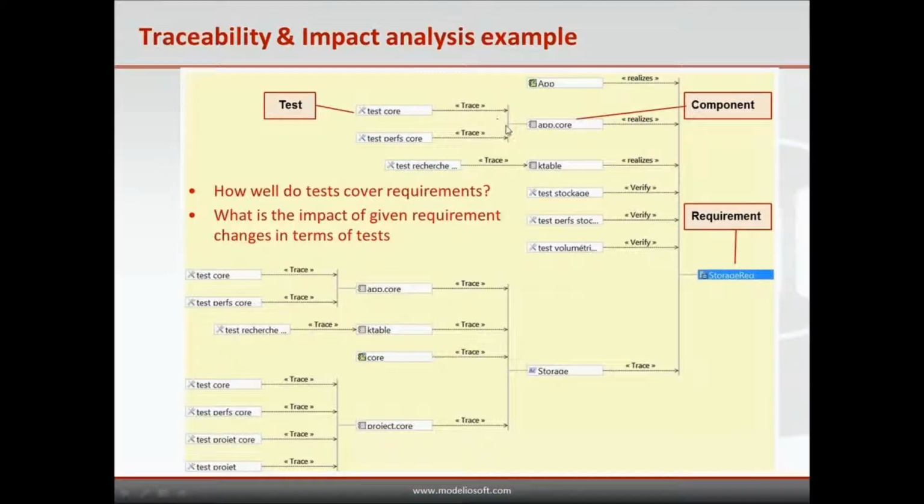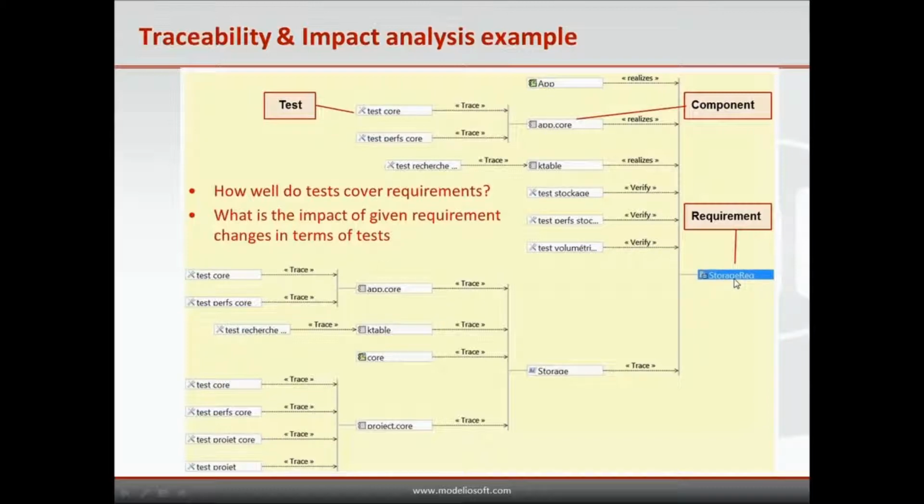So you have all kinds of dependencies. For example, here we have a component that realizes the requirement, and we have here tests that trace to the component. So here you can check all the tests that are related to the storage requirement.